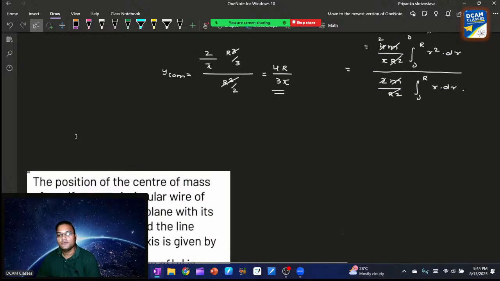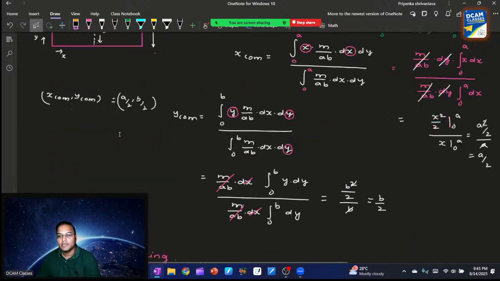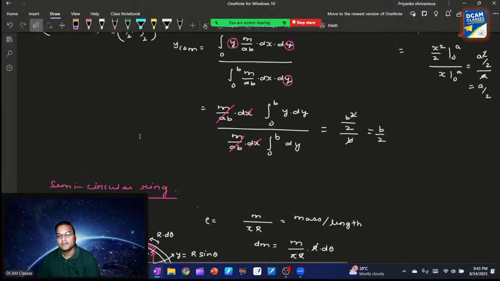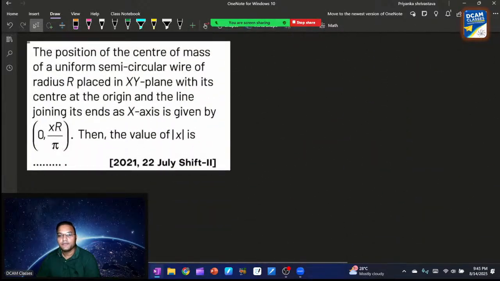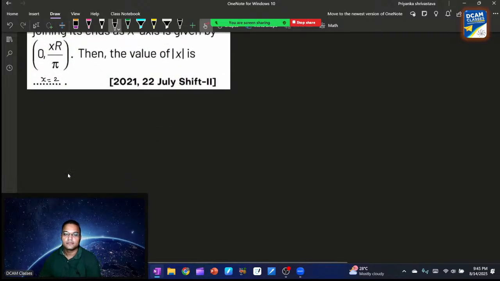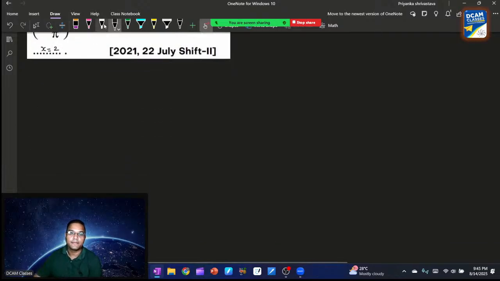It will be 2, because we know this result. It's 2r by pi directly. So the value of x is 2. That's all. Over. Sometimes they give this kind of question also. Very easy.